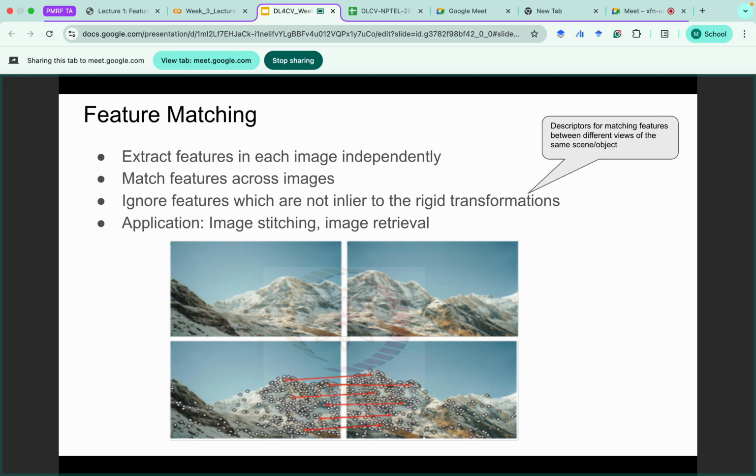But as a human, I know what a bag looks like. There is no semantic information associated with SIFT, right? It's just local information, how the intensities are changing, the local gradients using which I get the SIFT descriptor, and I try to match those vectors.